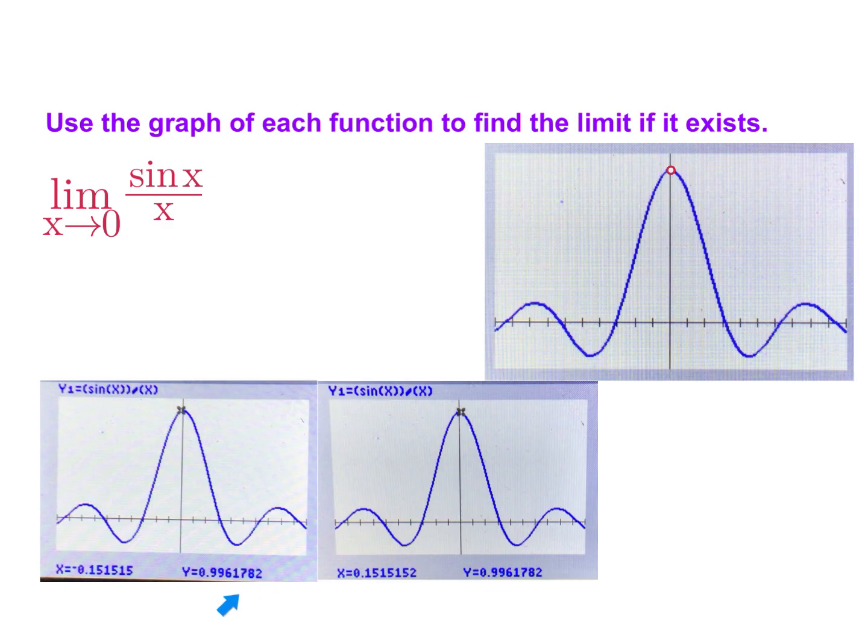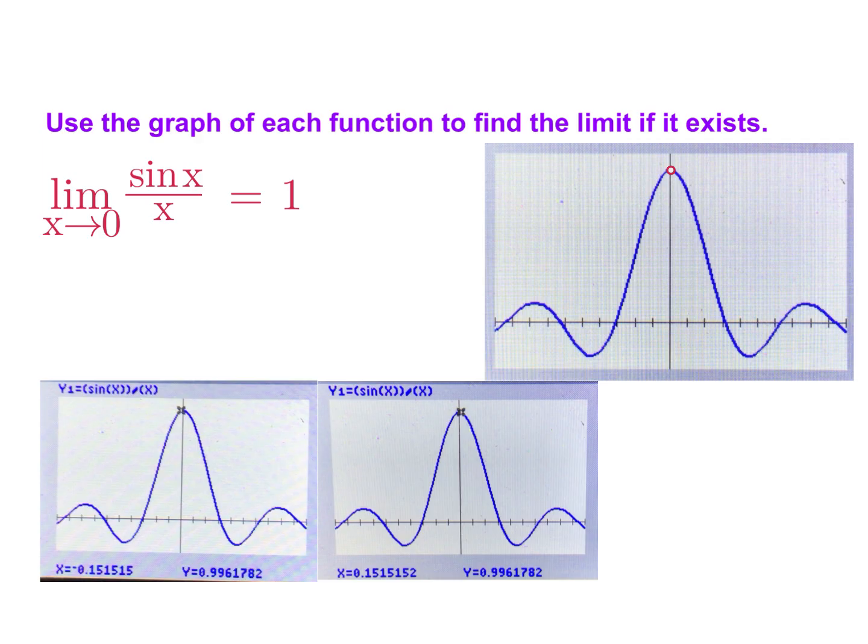We seem to be approaching the same number. And you can see that visually, right? You can tell that the graph from the right and the graph from the left are approaching the same y value, which is 1. So the limit exists because the graph approaches 1 from the left at 0, and the graph approaches 1 from the right at 0.